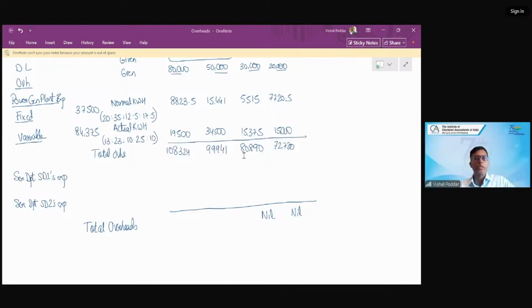Right? Now, students, from this same question, we go to secondary distribution. Somebody is saying SD1 is 67053. Have I written the wrong total of SD1?